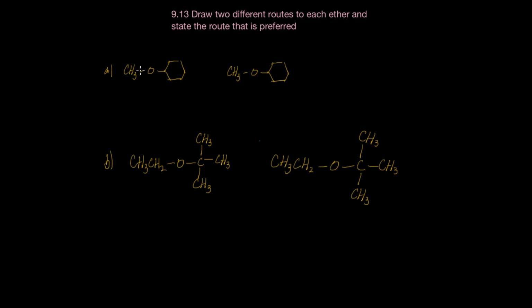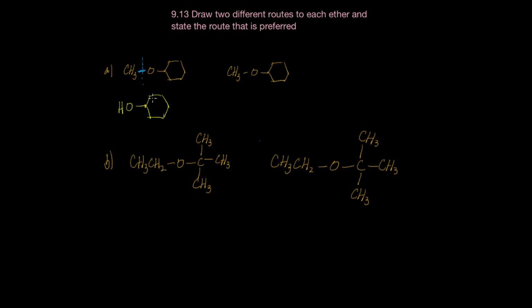The oxygen is bonded to this methyl on the left, and we'll call this way one. We can start with the alcohol, which in this case would have this oxygen-carbon bond already there. So we'll draw this alcohol out, and then we're forming this blue bond here between the oxygen and carbon.